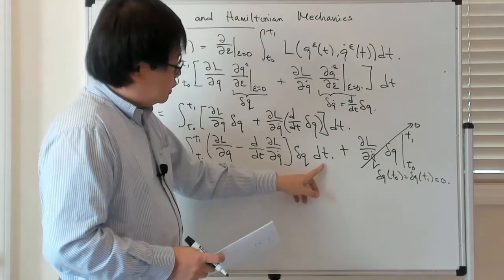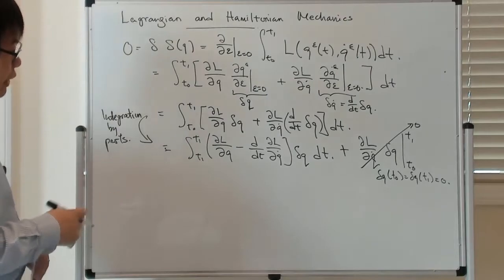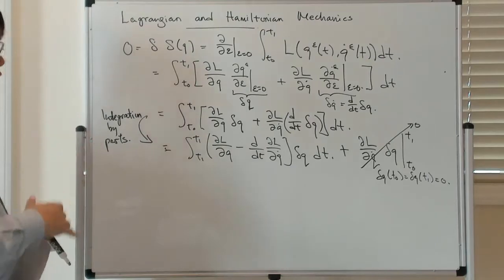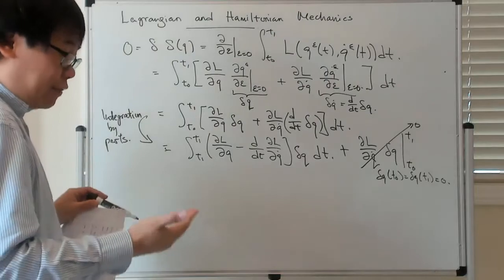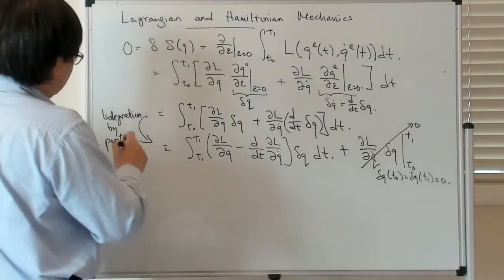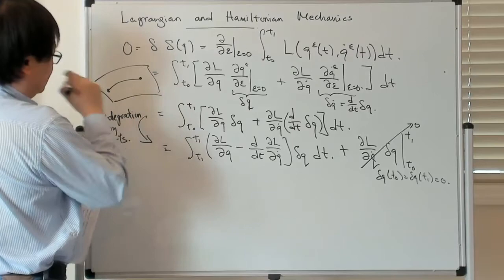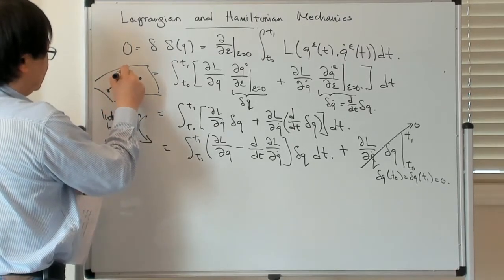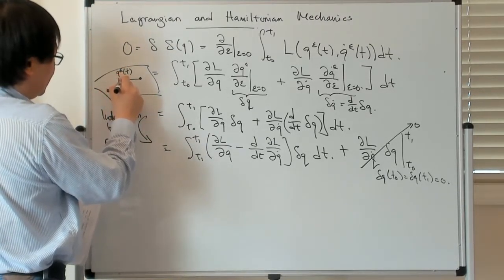a variation delta q and then integrated over dt. All right. So what can you do? The point is that if you choose these families of varied curves, these variations, in a smart way, then you can imagine, again, having this reference curve q of t, and having q epsilon of t be such that it's the same as q of t everywhere except for a very small region about a given point.